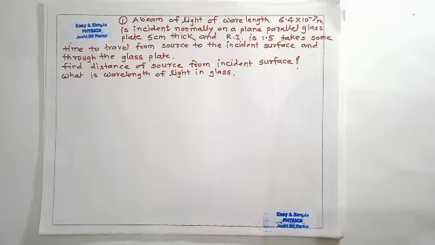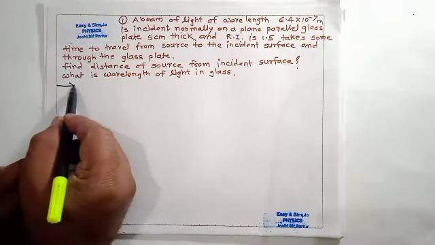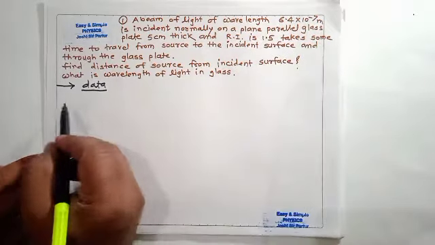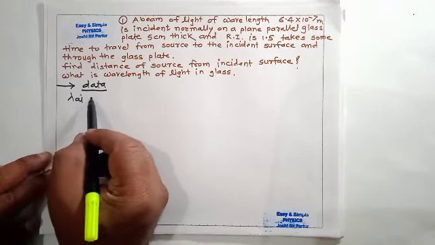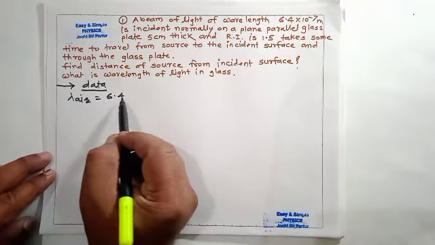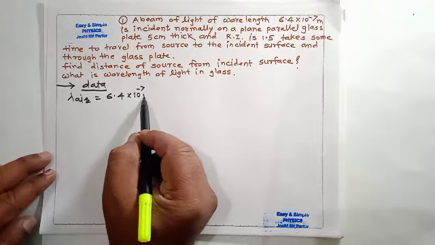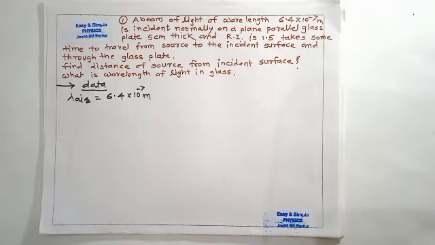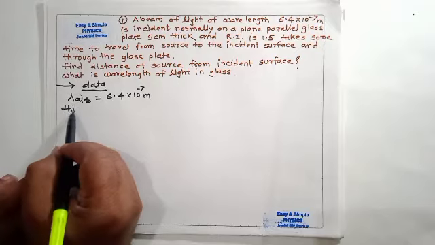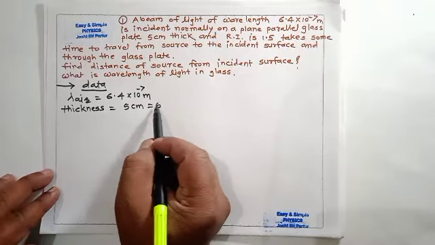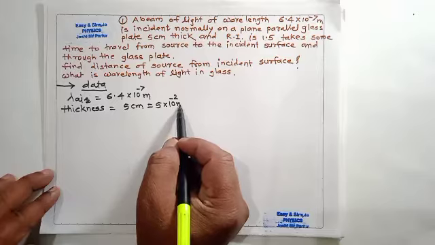In this example, the given data: the wavelength of light in air is 6.4 into 10 to the power minus 7 meter, and the thickness of the glass plate is 5 centimeter, which is 5 into 10 to the power minus 2 meter.